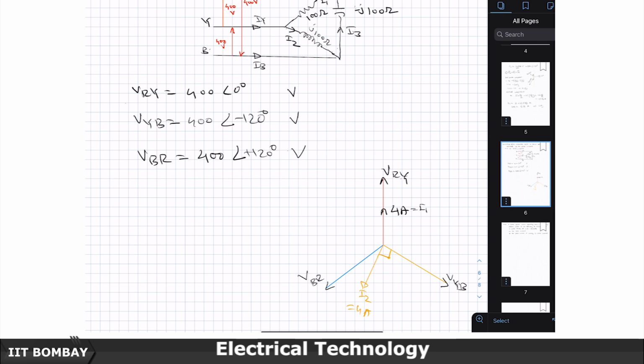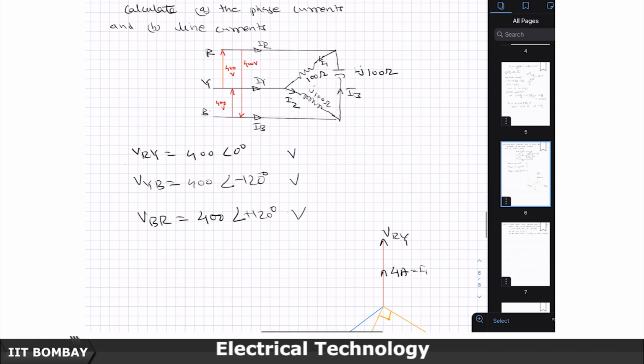And now, let us look at the third current, which is flowing in this capacitor, which also has the same magnitude, as all impedances are the same. I have just taken it to ease the calculations, but it is still not balanced, because angle wise this will now lead the corresponding voltage VBR by 90 degrees.